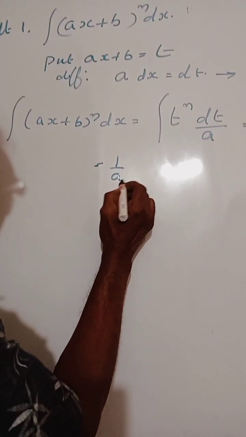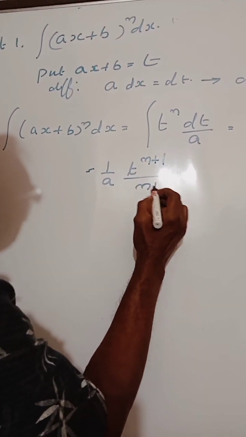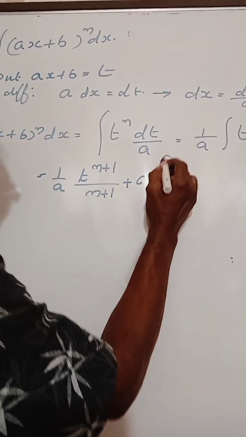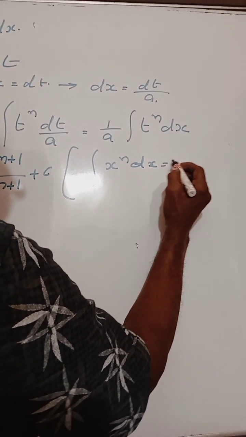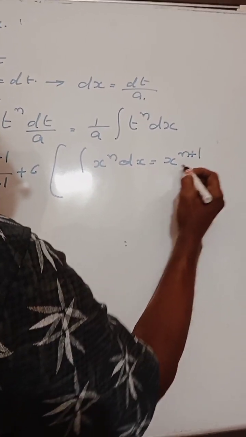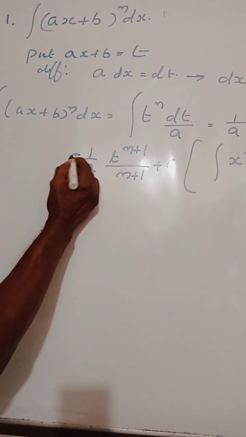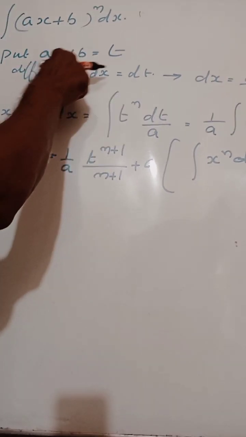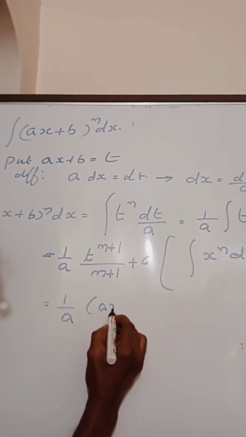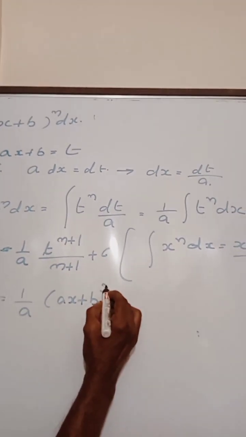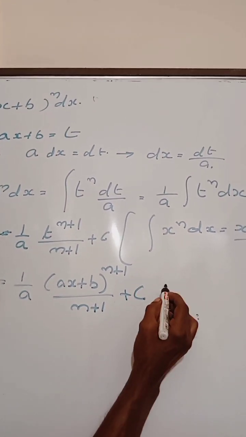That's equal to 1 by a into t raised to n plus 1 divided by n plus 1 plus c. You know, integration of x raised to n dx is equal to x raised to n plus 1 divided by n plus 1. Replace t by ax plus b. It's equal to 1 by a into ax plus b the whole raised to n plus 1 divided by n plus 1 plus c.